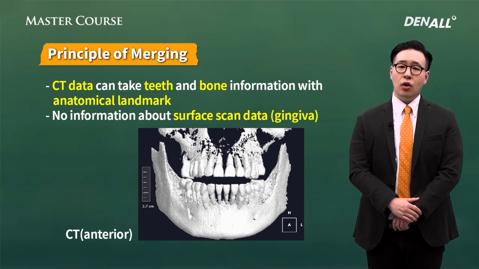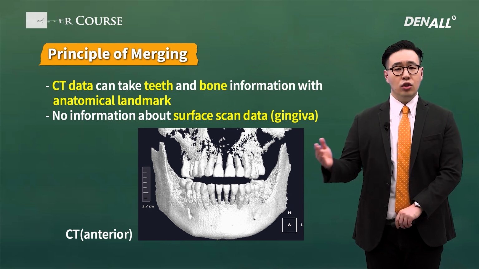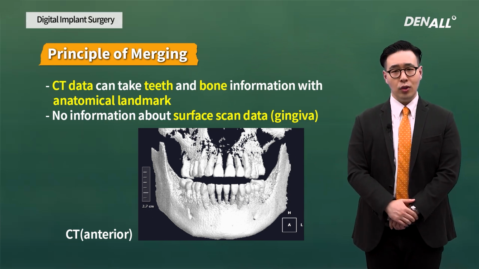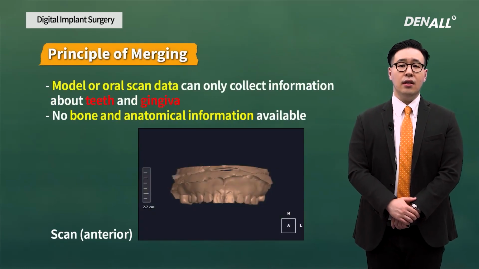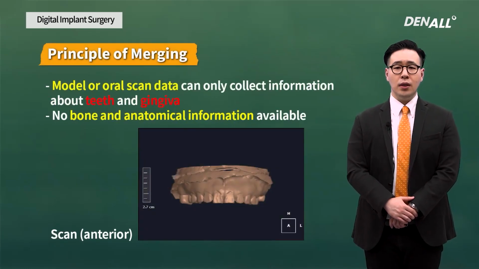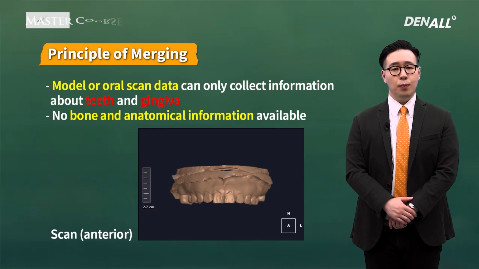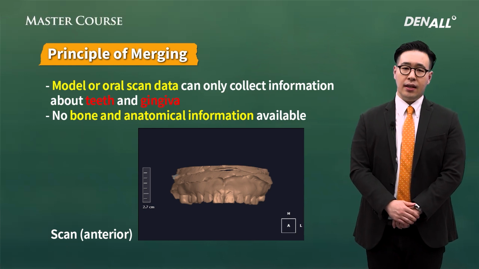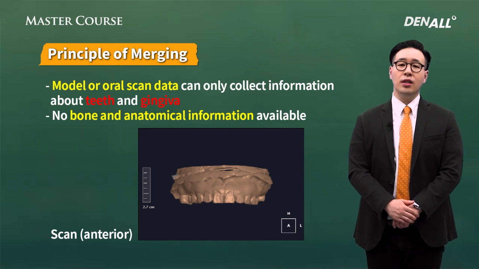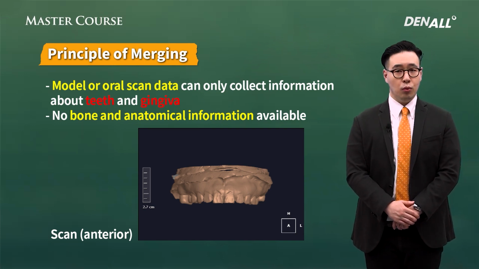CT data is the basis for accurate implant positioning after merging. The surface scan data has information on teeth and soft tissue surface, but not bone surface. The scan data is the basis for fitting of a guide in tissue and prosthesis.